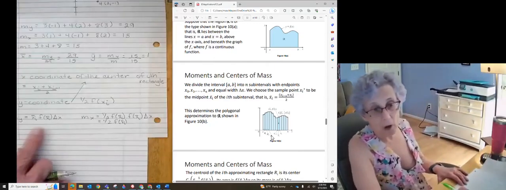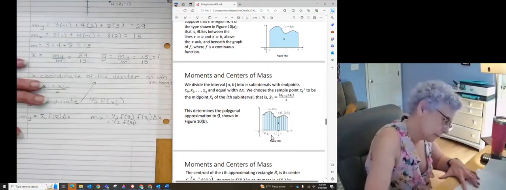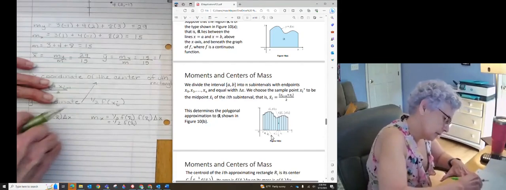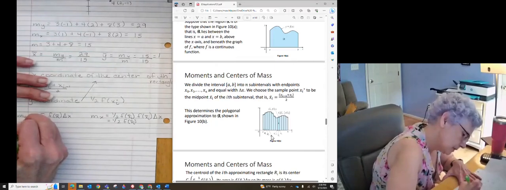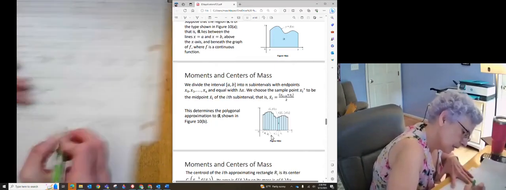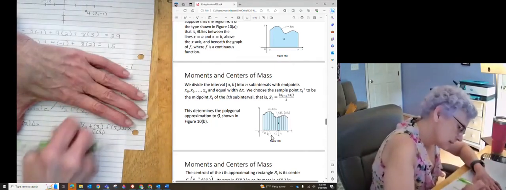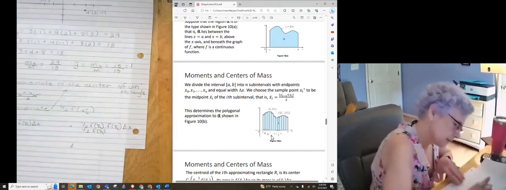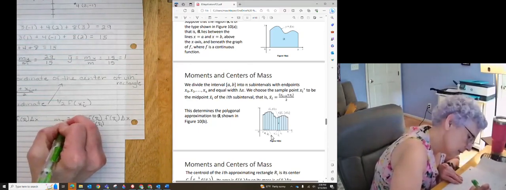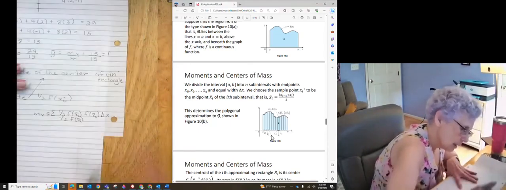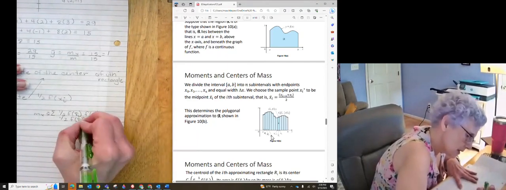Because I'm going to add them all up. So let me add a sigma here. And m sub x is equal to the sum of all of these. m sub y is equal to the sum of the x sub i's.